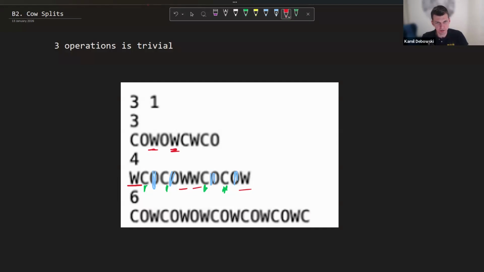Generally, if n is odd, then the answer is -1. If n is even, then the full length 3 times n is even, and then we can achieve 3 operations.